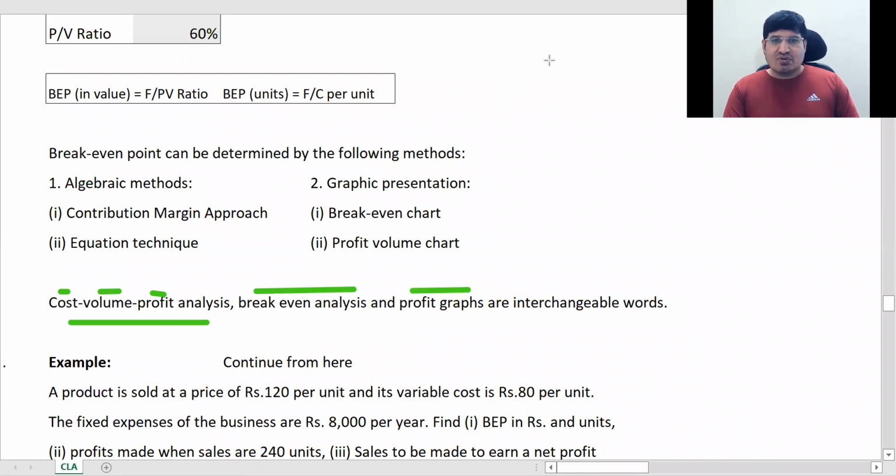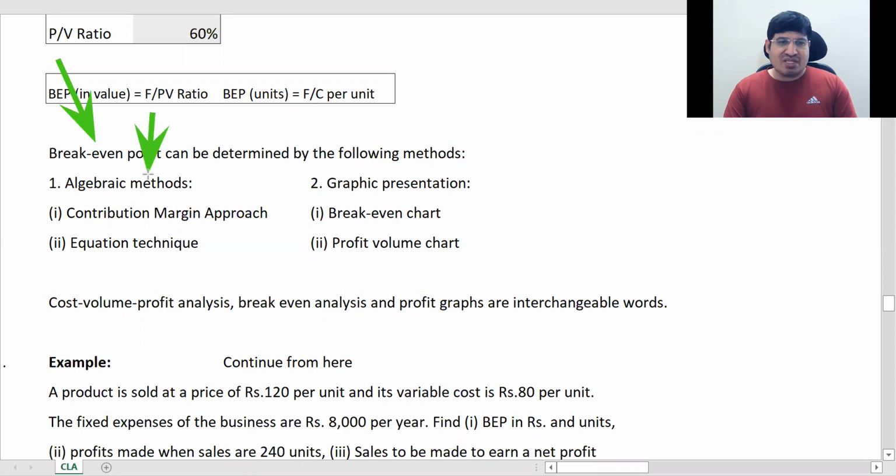Also now your break even point can be determined by 2 methods mainly. Algebraic method है, इस contribution margin approach जो हमने ऊपर देखा है, the statement S minus V is equals to C, C minus F is equals to profit. That is your marginal cost statement contribution approach.